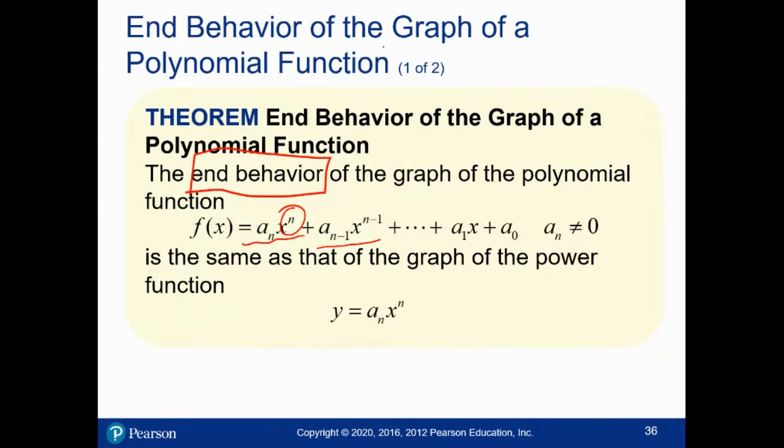This just means what happens as x either gets bigger and bigger and bigger, or more and more negative. Essentially, the end behavior of a polynomial is controlled by the power function of its largest power.